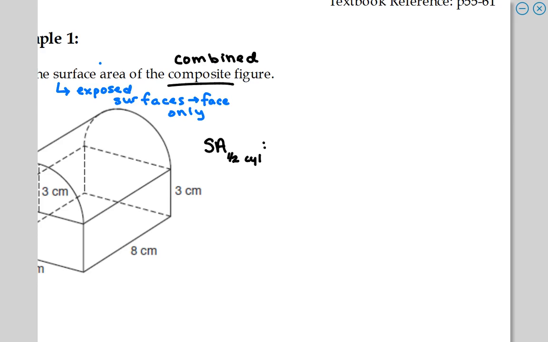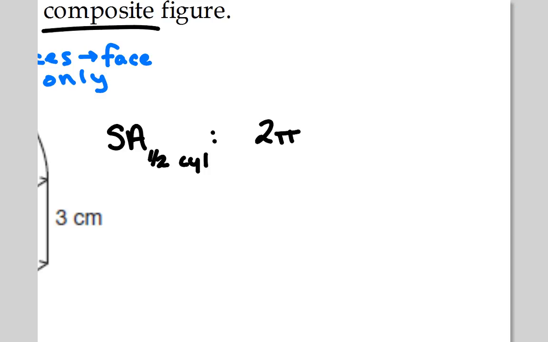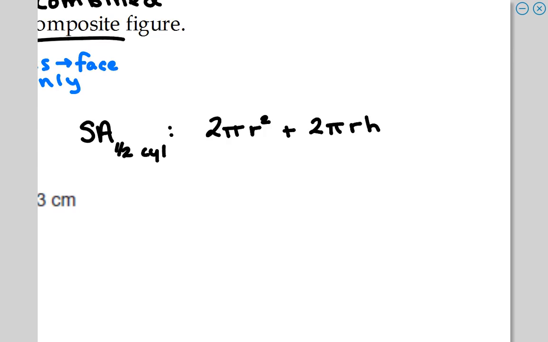Alright, the formula for the cylinder is 2 pi r squared plus 2 pi r h. She said just do it and then get the answer and divide it by 2. You can definitely do that. So getting the answer would be the thing in the brackets and then divide by 2. You could mess with this algebraically though, but you don't have to go that route. You could, but let's just find out the answer and then divide it by 2.